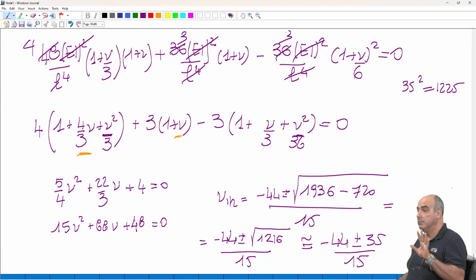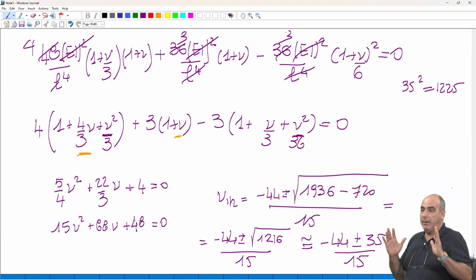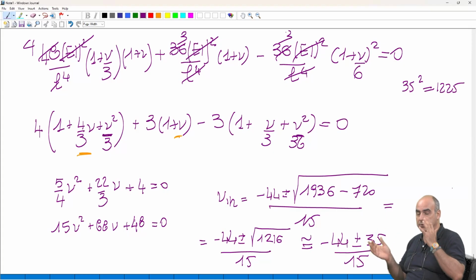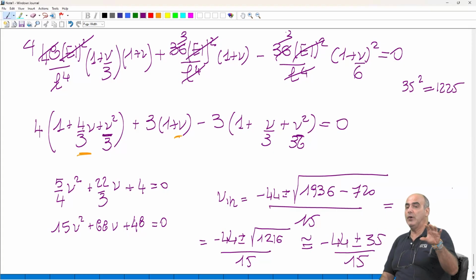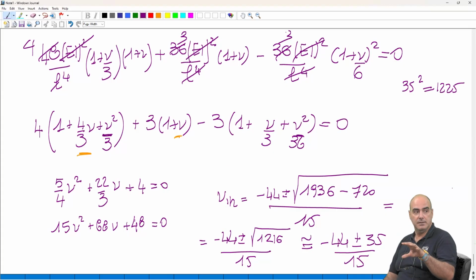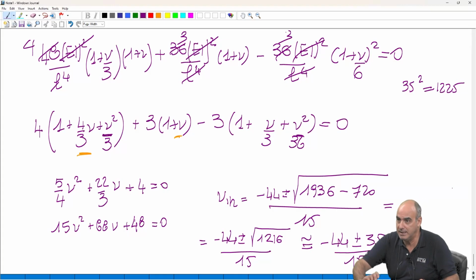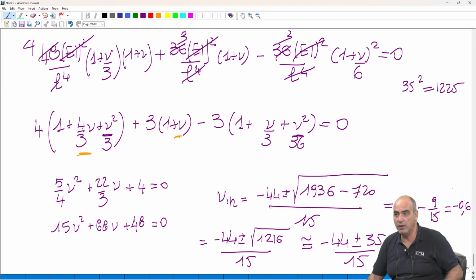Both of them in principle are okay, because I am looking, as I said, for negative values. Minus 44 plus 35 is minus 9. Minus 9 divided by 15 is minus 0.6, minus 3 over 5.